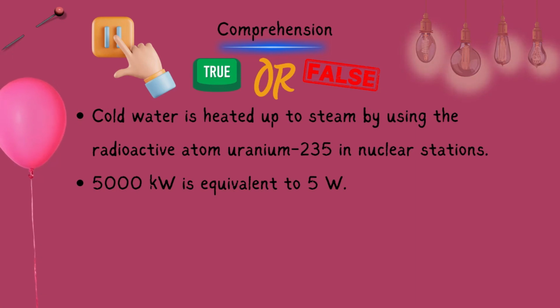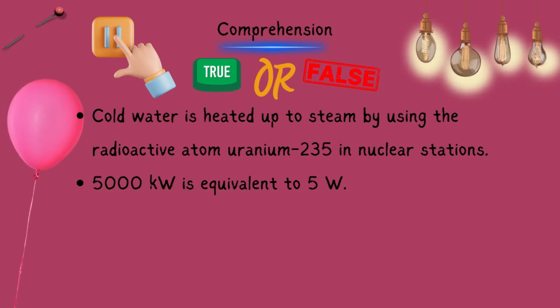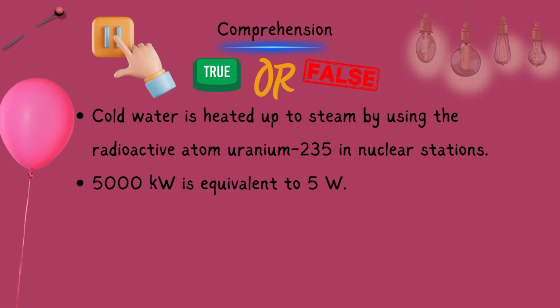Comprehension. True or false? Cold water is heated up to steam by using the radioactive atom uranium-235 in nuclear stations. Statement 2. 5,000 kilowatts is equivalent to 5 watts. You may pause this video to answer these questions.